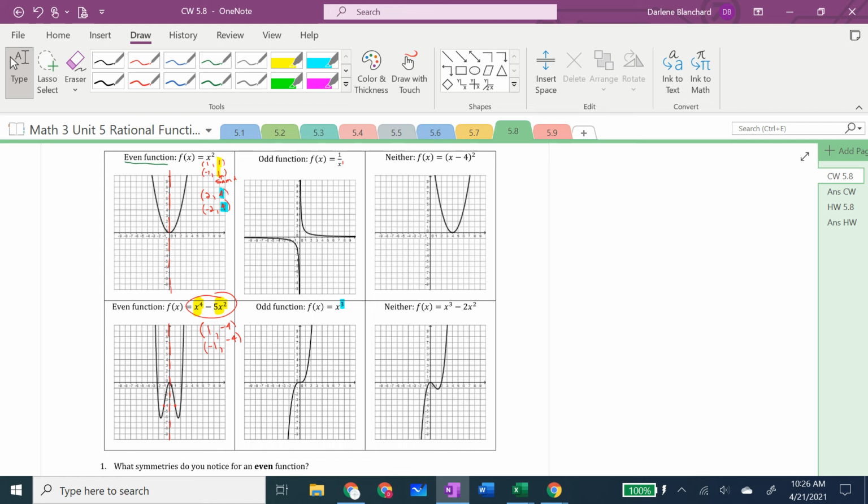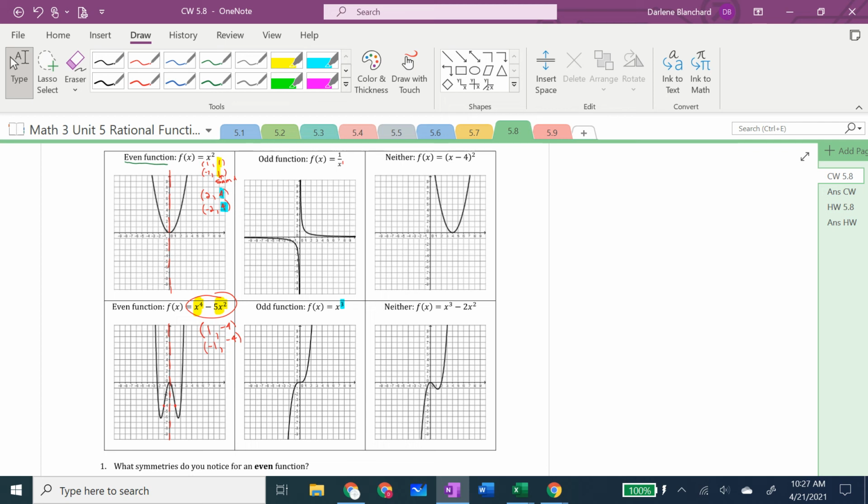Yeah. I just realized I may not be explaining myself. When we looked at those even graphs, you saw a reflection over the y-axis. With the odd ones, it's almost a reflection, but over the coordinates or the specific points.